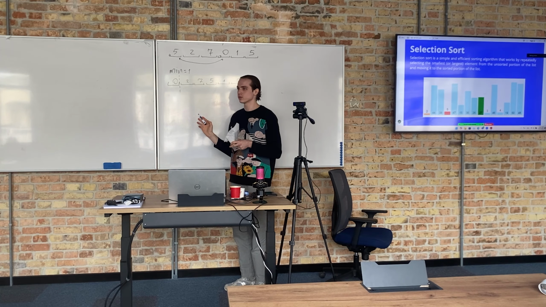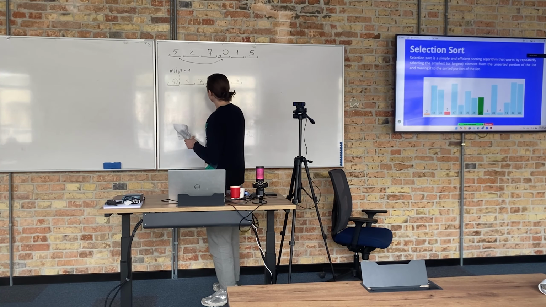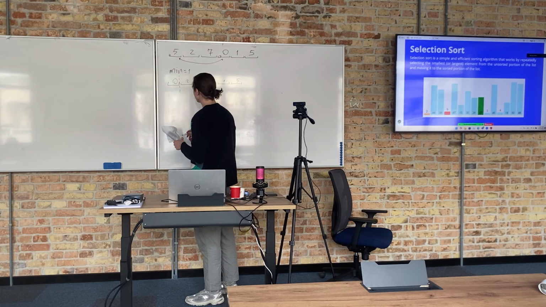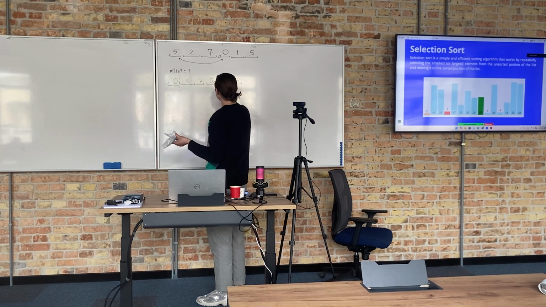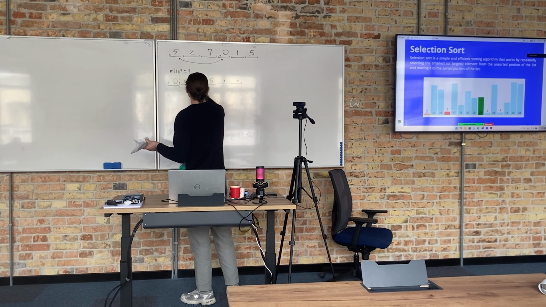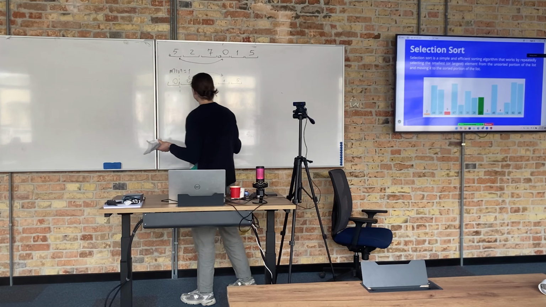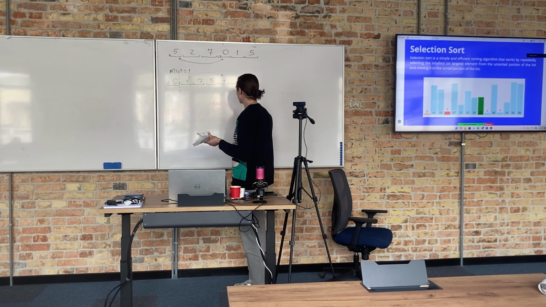Swap what with what? Yeah, so we need to swap our current element, which is the next one after our previous current, with our minimum element. So we swap those elements, and so on and so forth, and then we will have our sorted array.